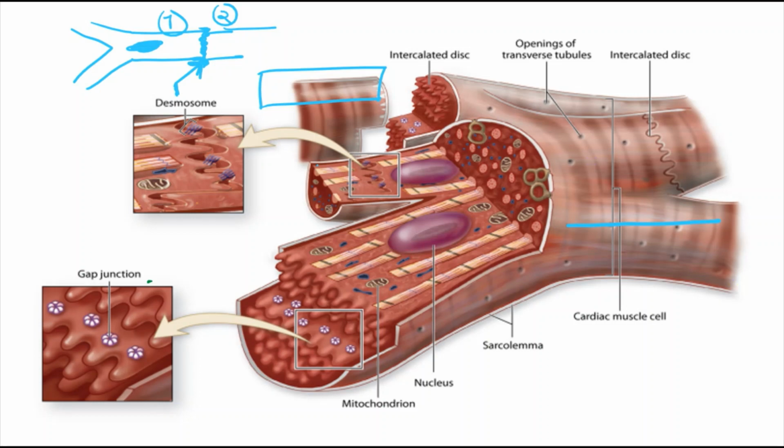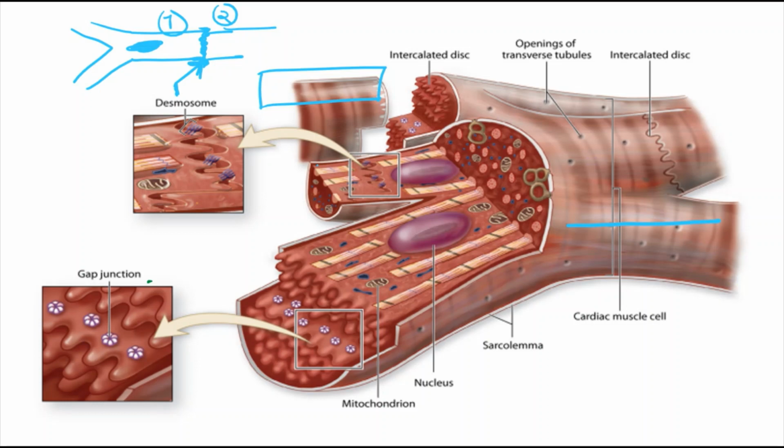Apart from intercalated discs, cardiac muscle has got gap junctions. These gap junctions function to transfer electrical impulses between two adjacent cardiac cells. So because they are gap junctions that specialize in conducting electrical impulses, cardiac muscle will function as a syncytium.